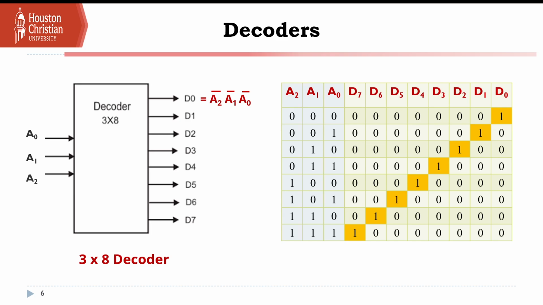The values flip between outputs. D1 is not A2, not A1, A0. Then you have not A2, A1, not A0. Then not A2, A1, and A0. And you go like that.